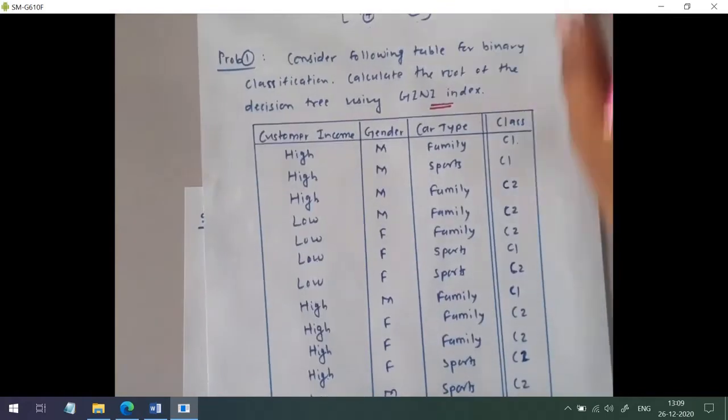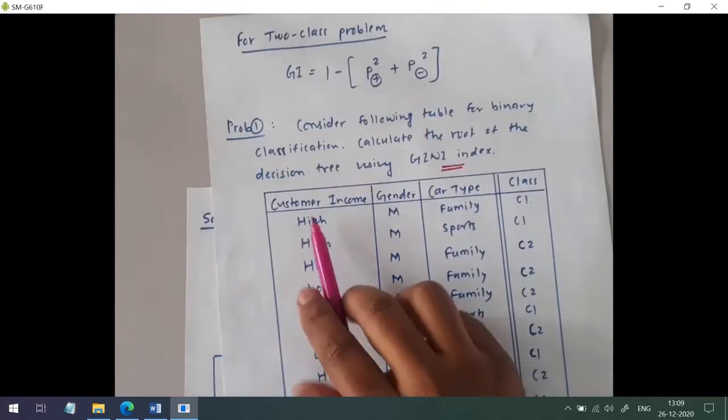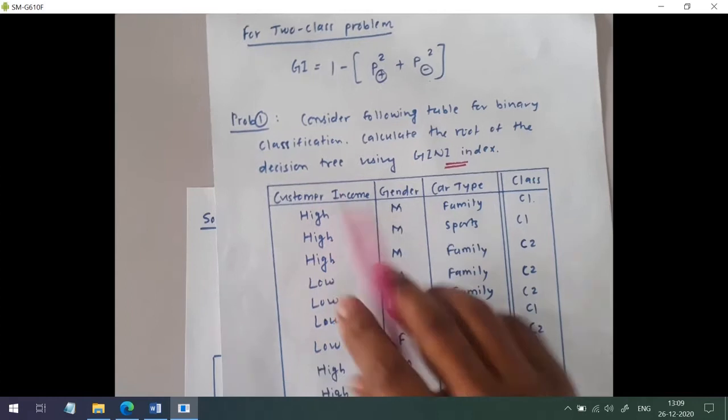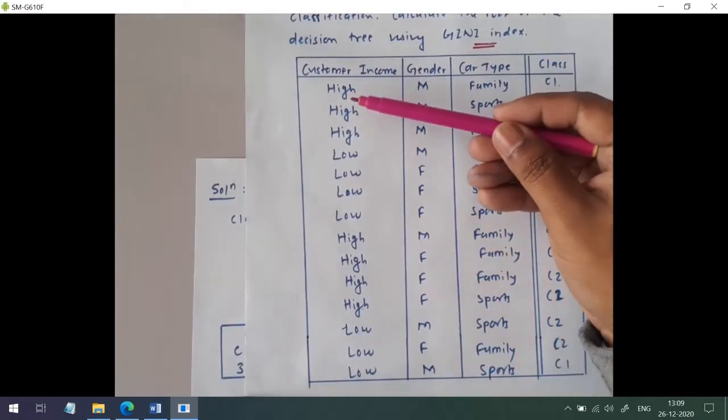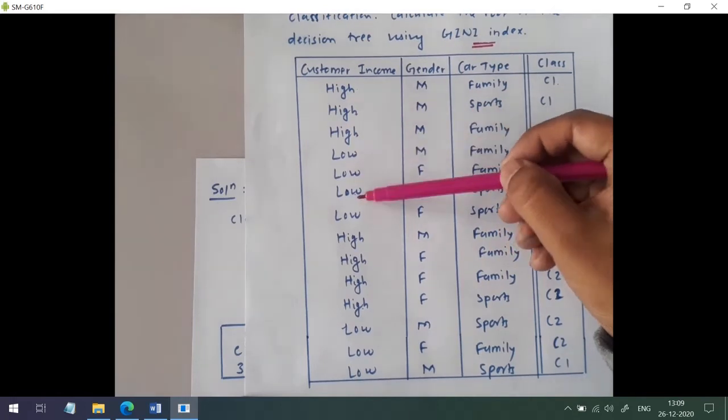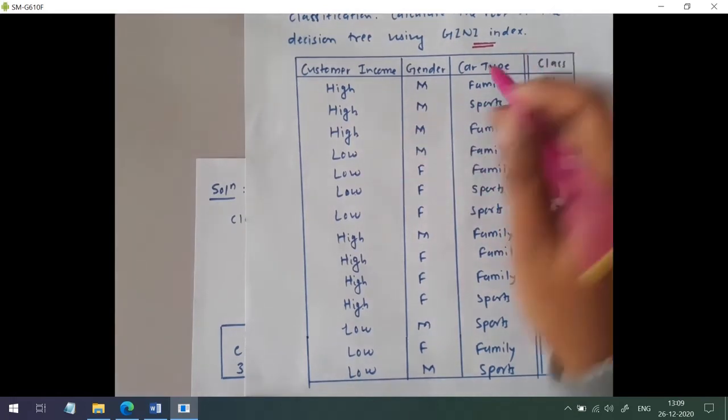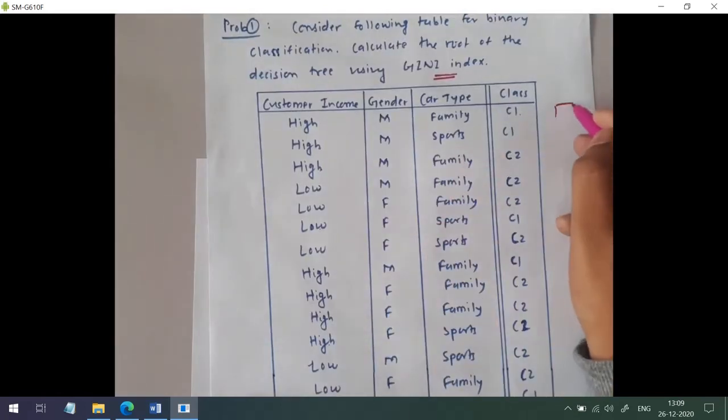First we will consider only customer income. How many values are there in customer income? High and low, only two values. If we decide customer income as a node, then it will have only two branches, high and low.